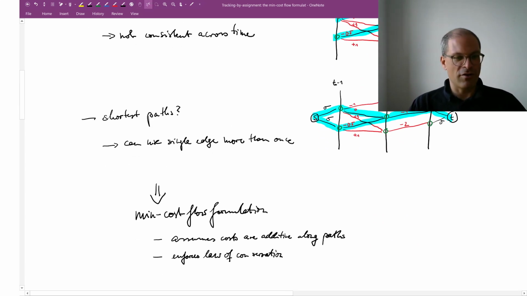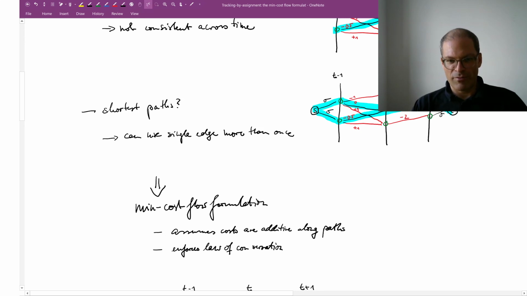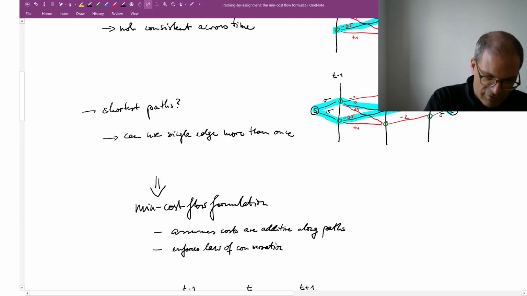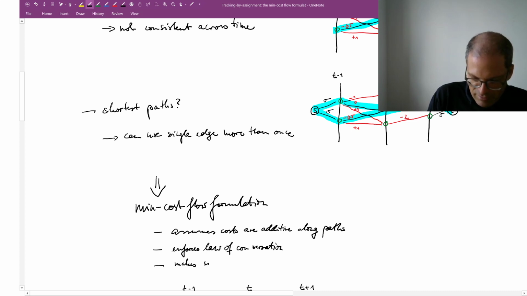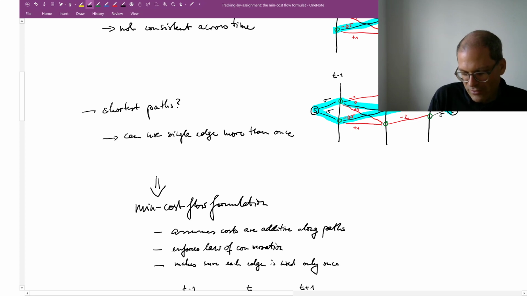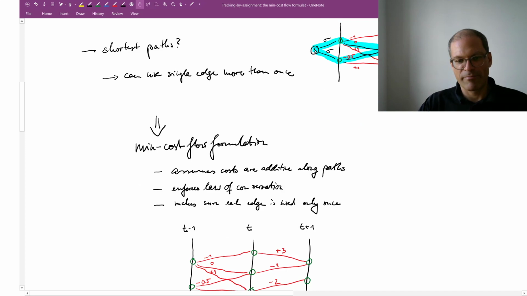It assumes that costs are additive along paths, and the important thing, it also enforces the laws of conservation, and of course what I just said makes sure that each edge is used only once if this is something that I want to enforce in my tracking model.